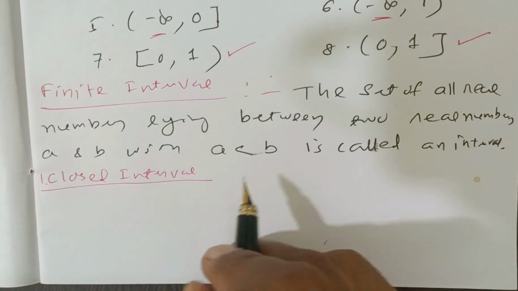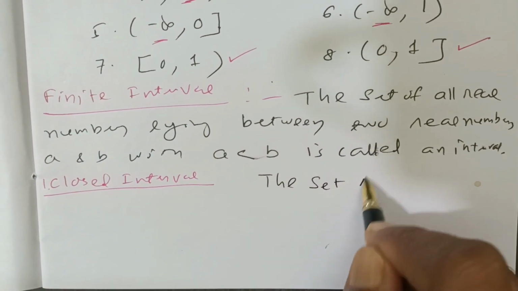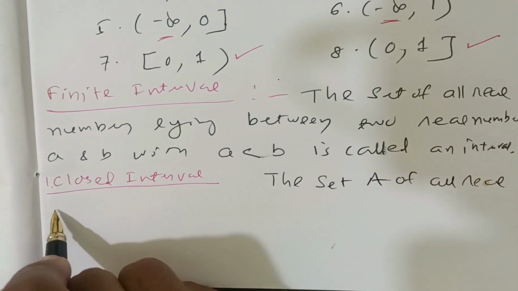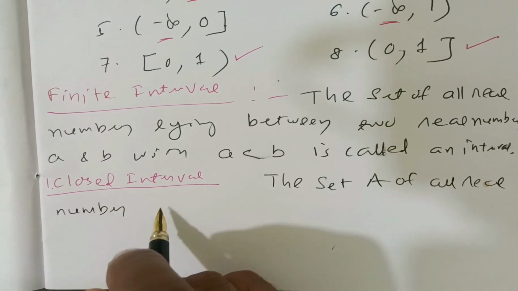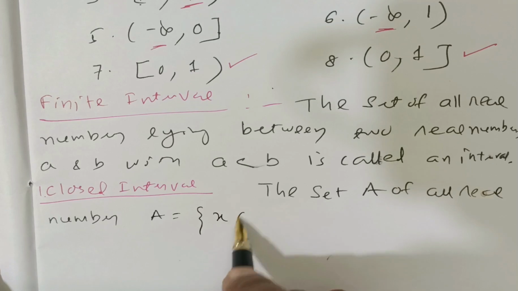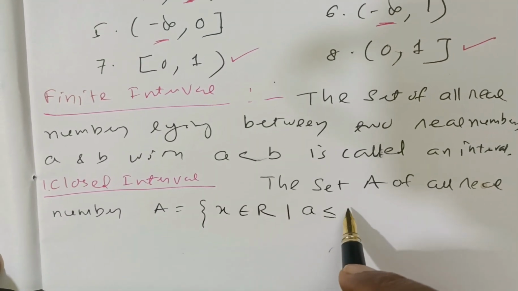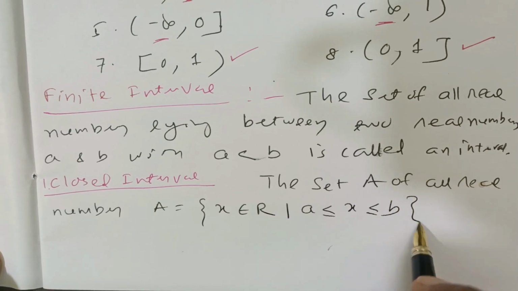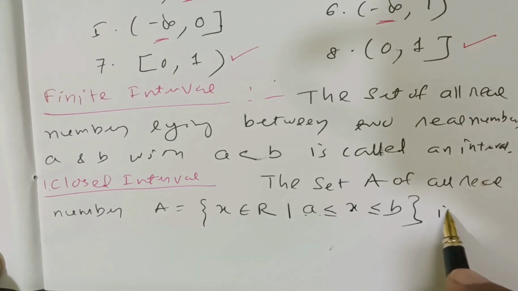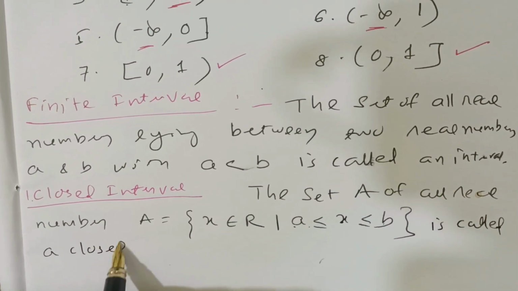The set A of all real numbers x such that x is an element of R and A is less than or equal to x is less than or equal to B. That means x lies in between A and B, and is called a closed interval.